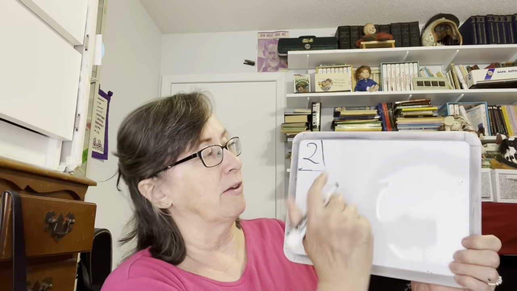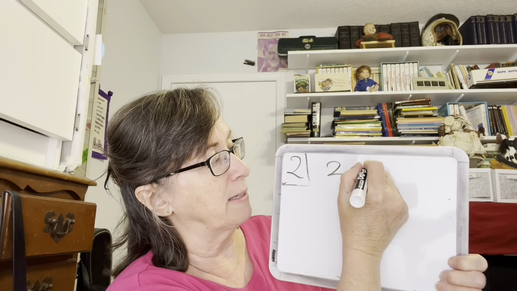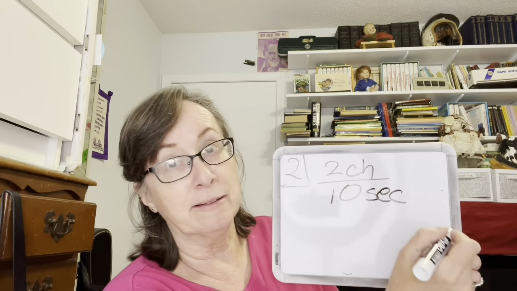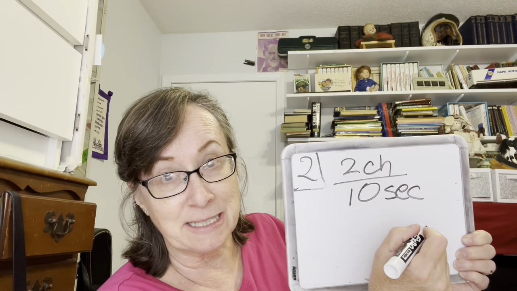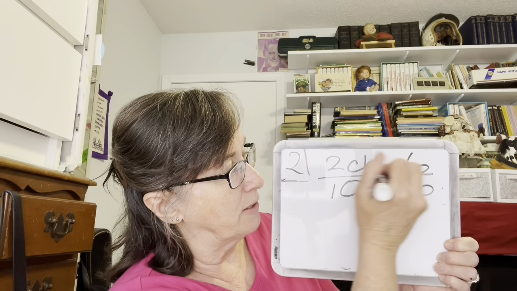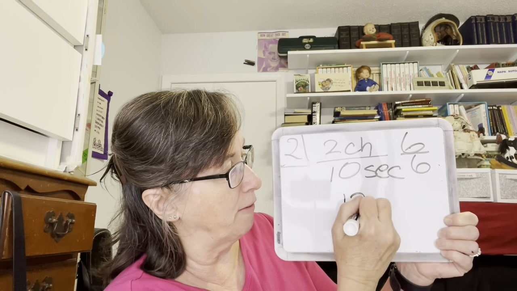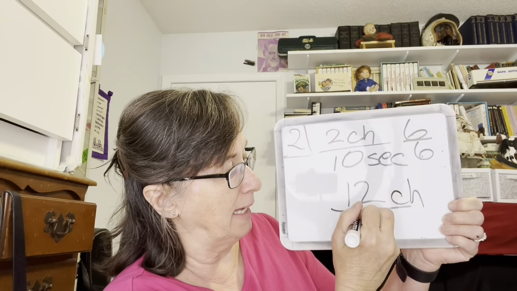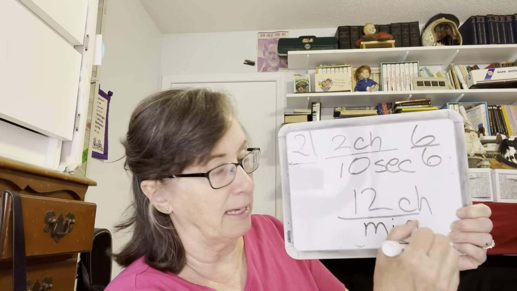And then lastly, let's take the 2 chops in 10 seconds. Well, 60 seconds is a minute, so 10 times 6. So 2 times 6 is 12 chops in a minute. He is getting tired, isn't he?